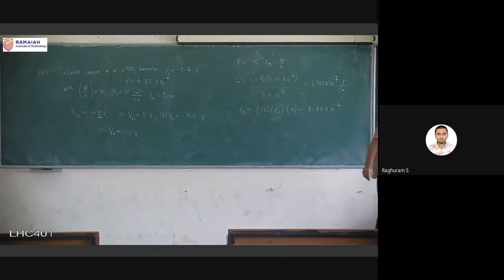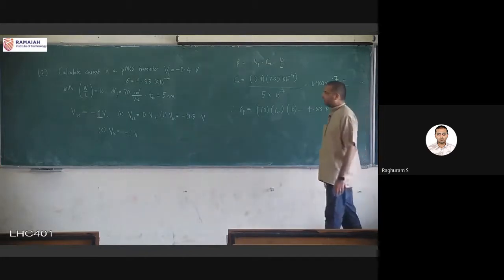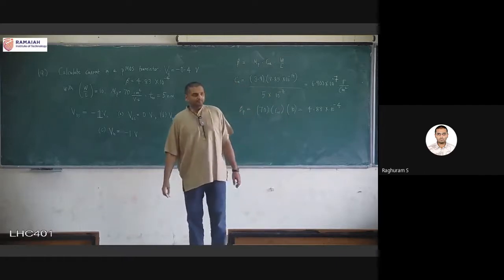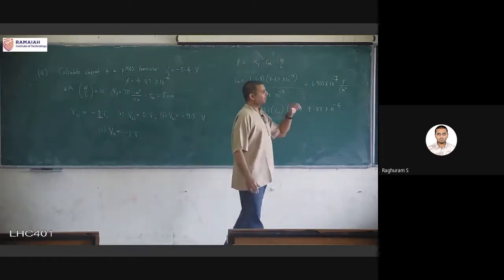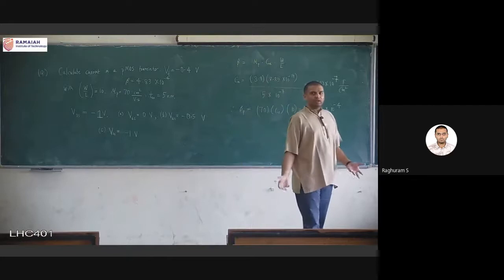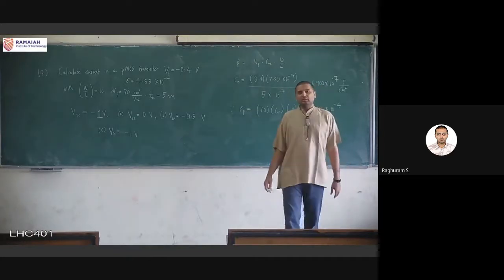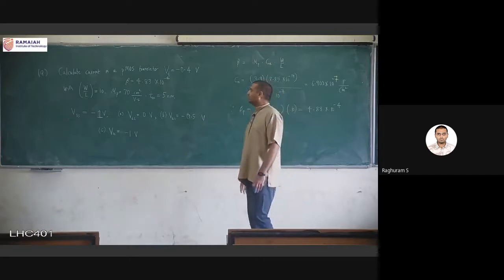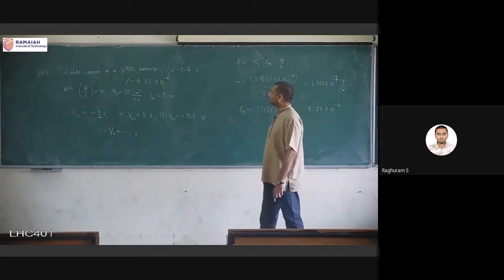And can someone think about what are the units of this beta? We have been putting units for everything, right? Beta also should have some units. It's not a dimensionless constant like W by L, which has no units.